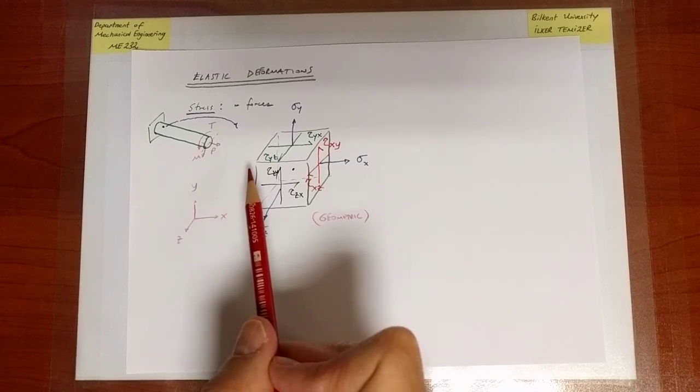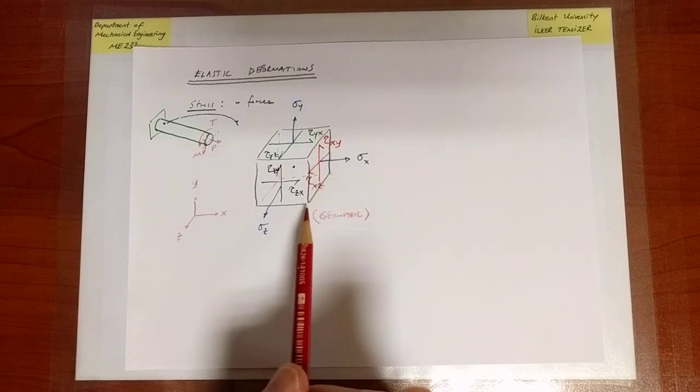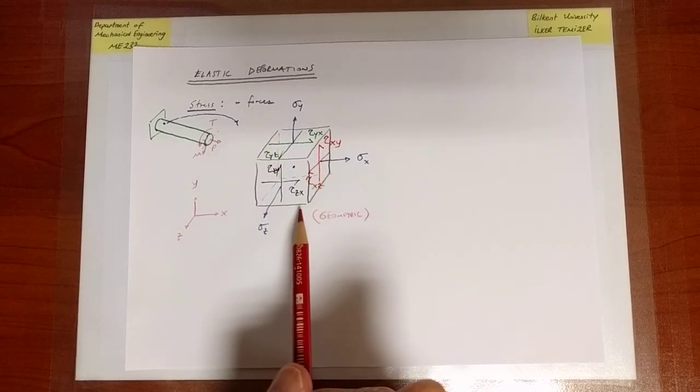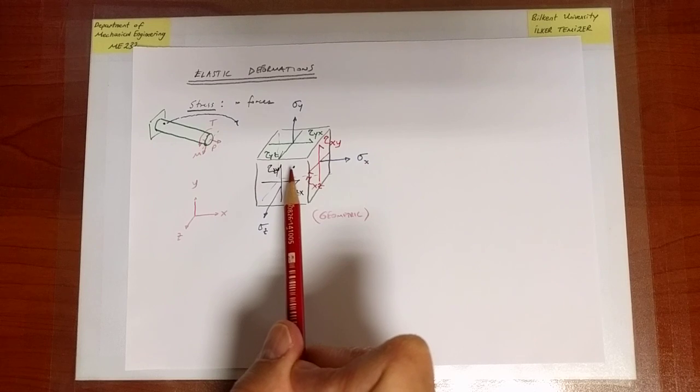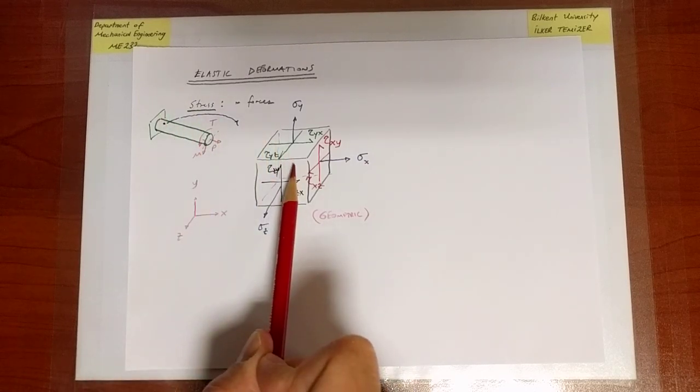The answer is, this infinitesimal cube of material serves to depict the stress geometrically, but ultimately it is a small piece of material. Because the structure needs to be in equilibrium, this small piece of material also needs to be in equilibrium.